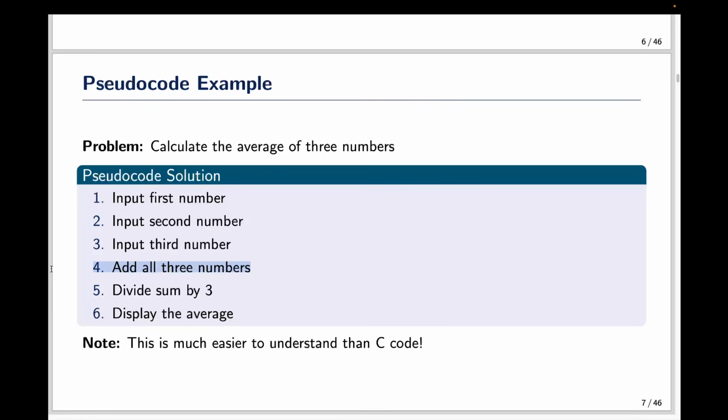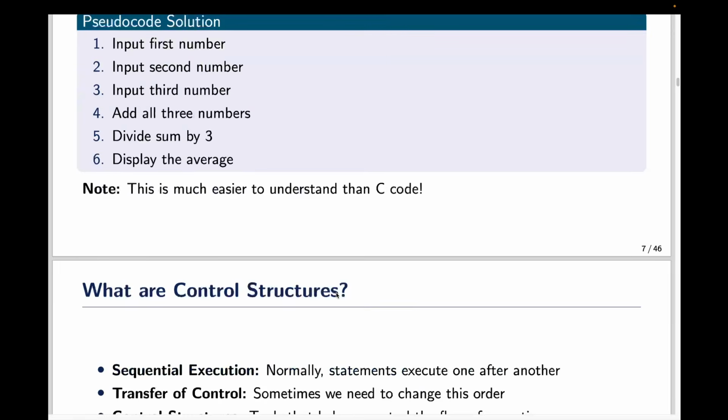Of course, it means you have to use the mathematical plus operator. Then divide the sum by 3, because you input three numbers, so the division operator. And if you want to display it, again a printf statement, and you have it. So now this becomes easier. Have this habit whenever you are writing code where you are taking some input and some output. This is much easier to understand.